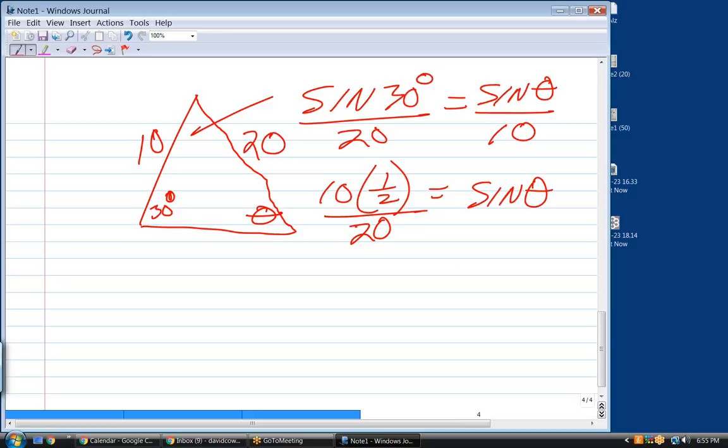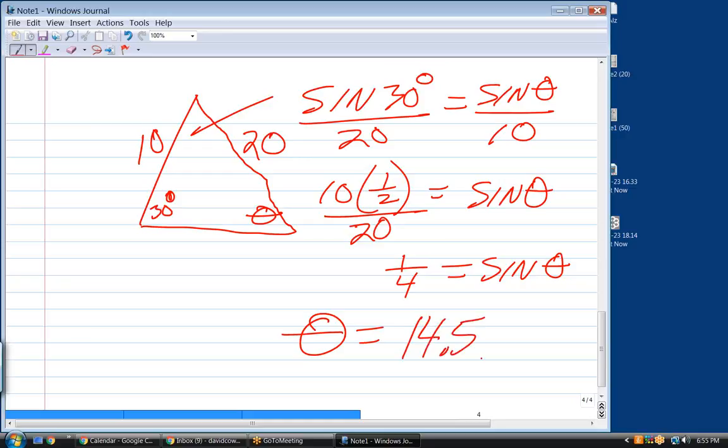So I've got the sine of theta equals 1/4. Tell me what theta is from your calculator. 14.5. Which means the supplementary angle is 166.